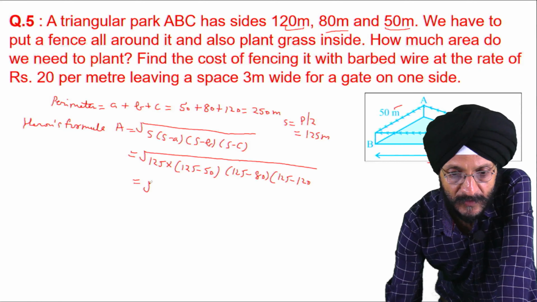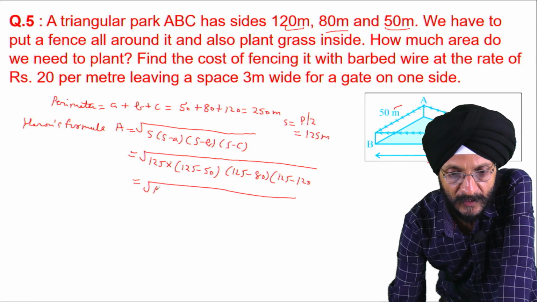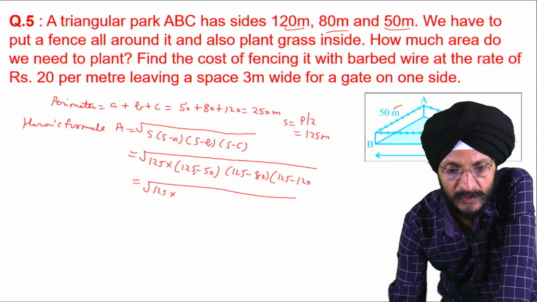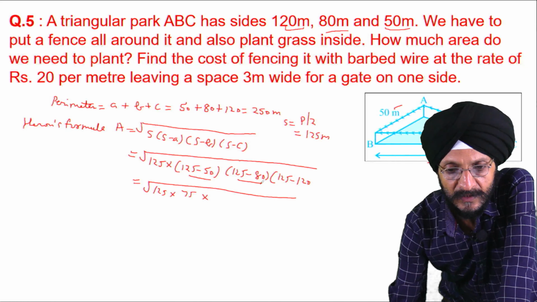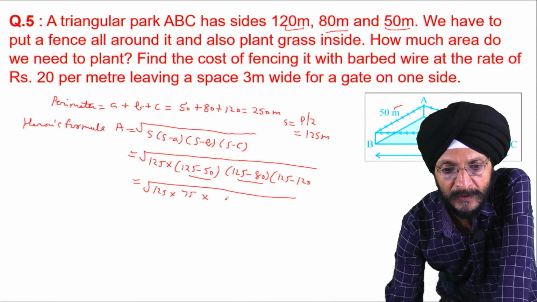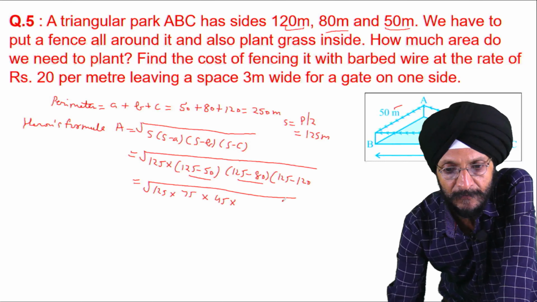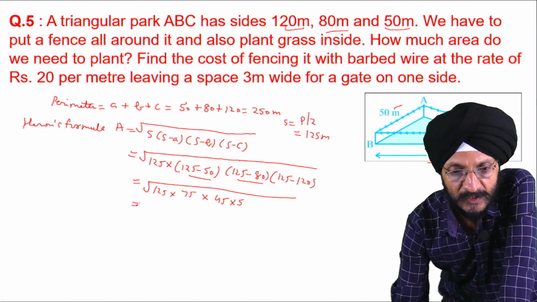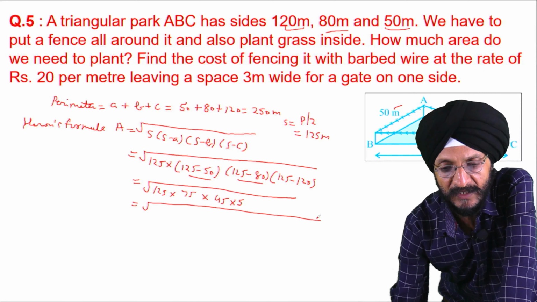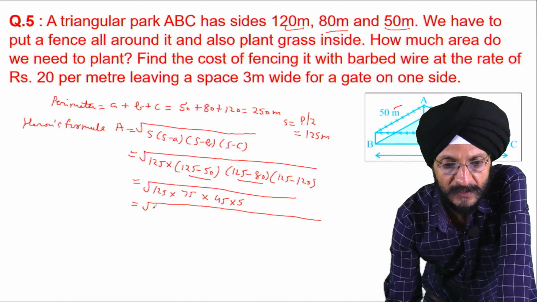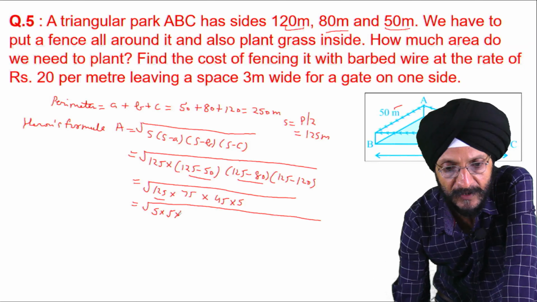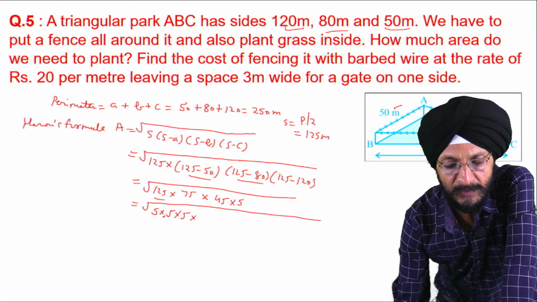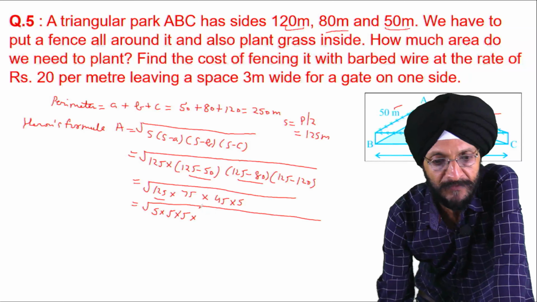So here 125 into this 75, this 45, this 5. So here we will do prime factorization of all these numbers. 125 can be written as, this is the prime factorization of 125.